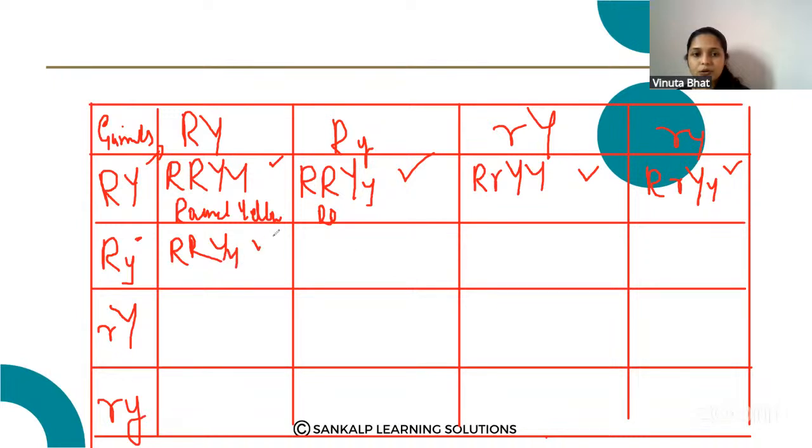This is also a round yellow color seed producing plant. Then next one, capital R, small y, small y. Here capital R is there, but small y is there, so this is a round, green color seed producing plant.